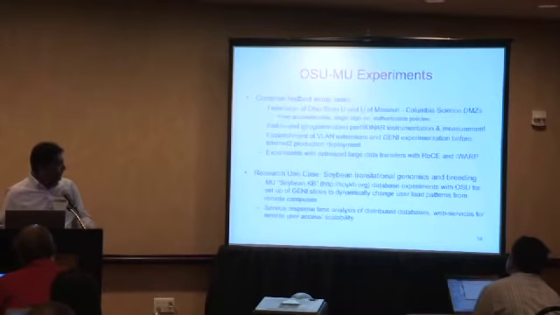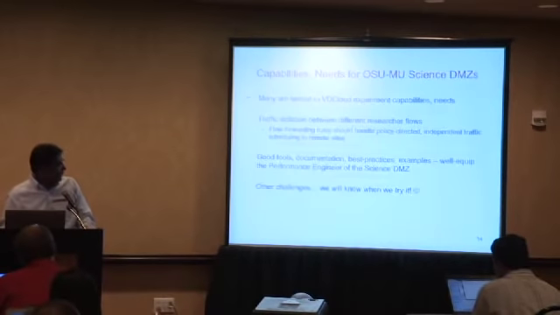And so I gave you this example of one of the researcher use cases where there's data and there's experimentation that GENI can facilitate. And in terms of the capabilities needed, the list from the experiments again is the same.